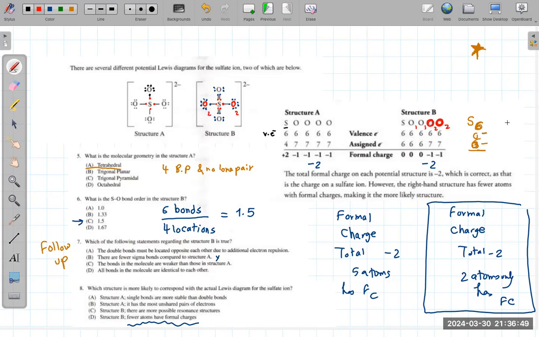So let's do it the same way. This is 6 valency electrons minus 0. هم عندهم non-shared electrons 0 برضو minus 4. هتطلع عندي هنا minus 2. That's different.